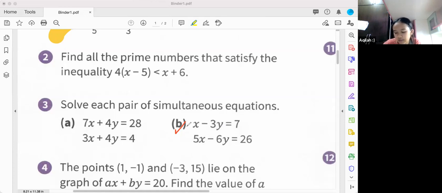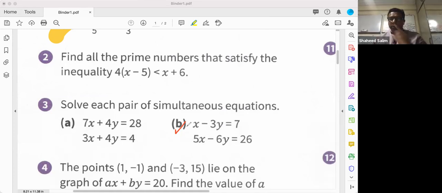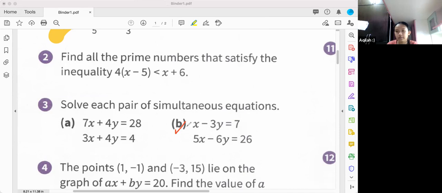X equals 4, y equals minus 1. Y is equal to minus 1, right? Oh yeah, minus 1, sorry.